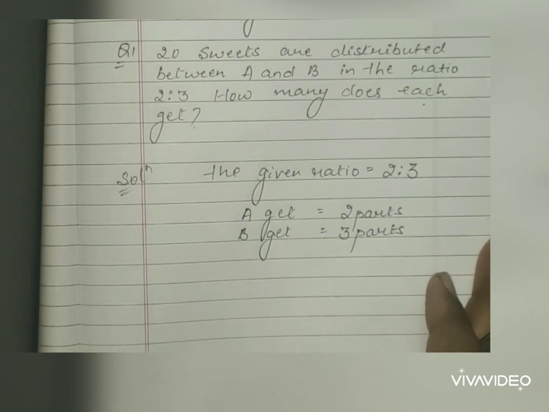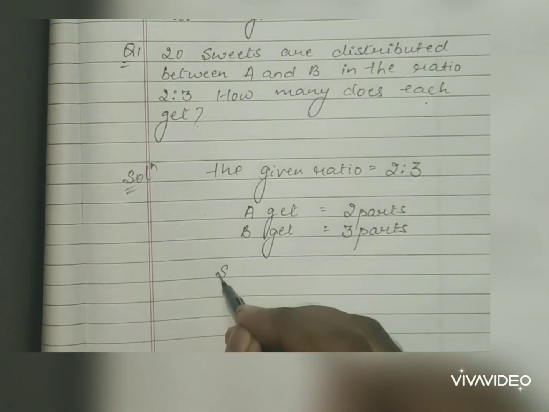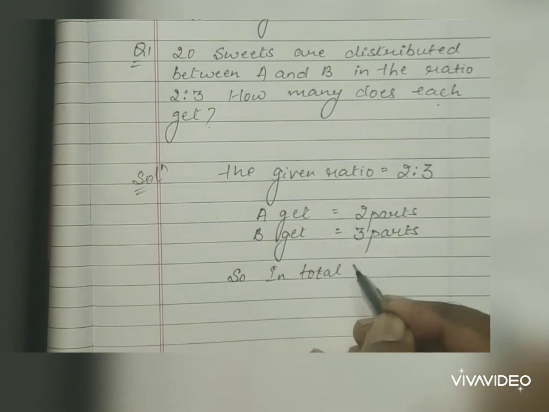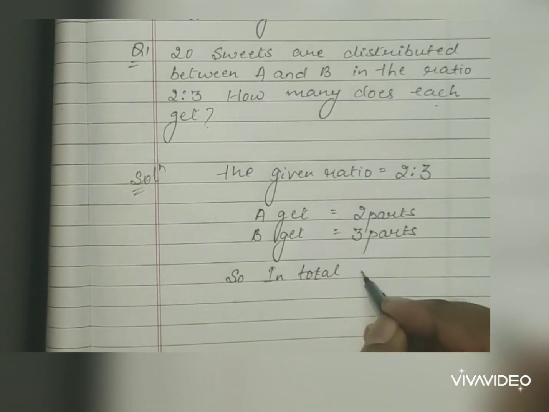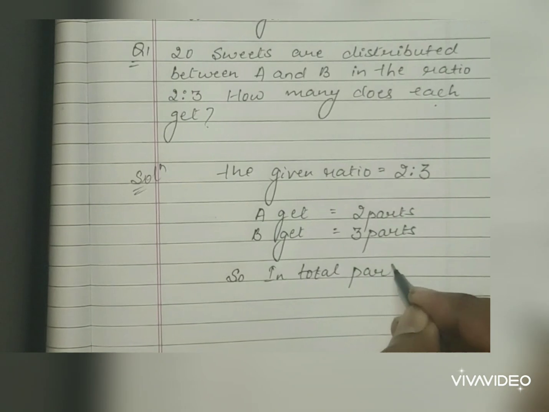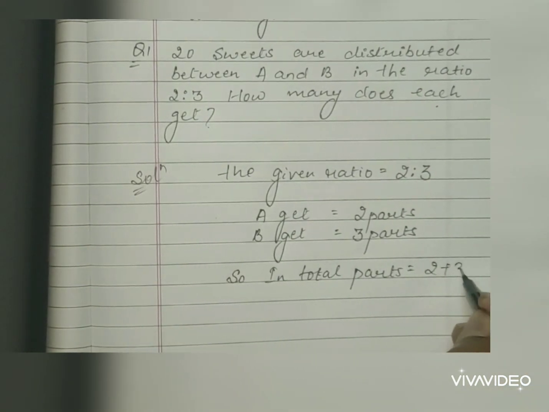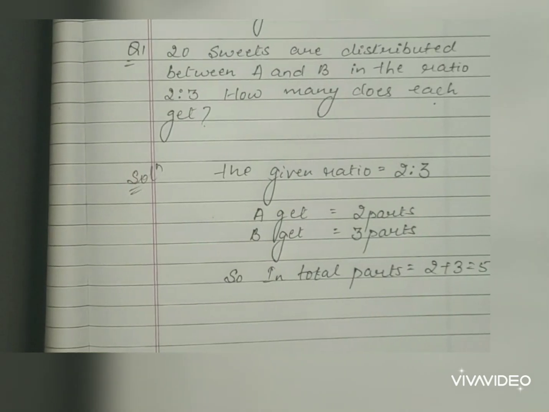So in total parts, how many parts are there in total? 2 plus 3, that is equals to 5.